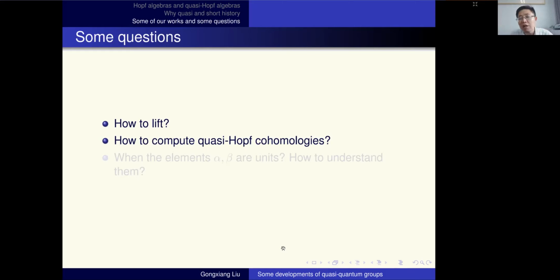Of course, for general algebra and general quasi-Hopf algebra, there's no answer. But for some special quasi-Hopf algebra, could you find a way to compute the 3-cohomology? We don't need the general cohomology. We just need to know the 3-cohomology. That's enough for us.